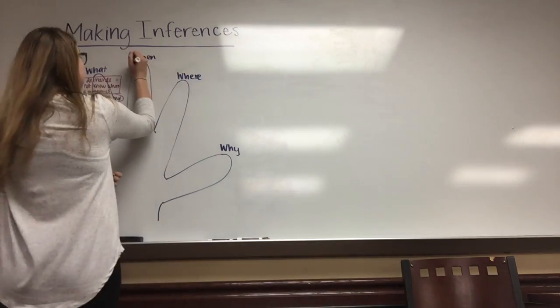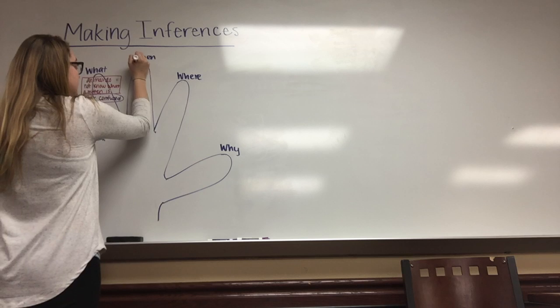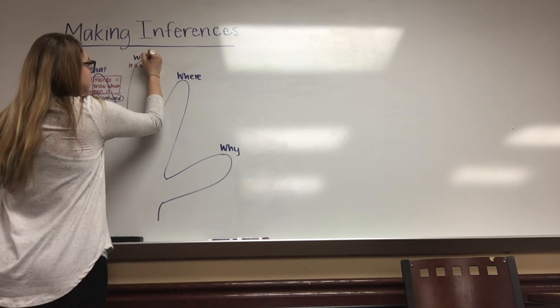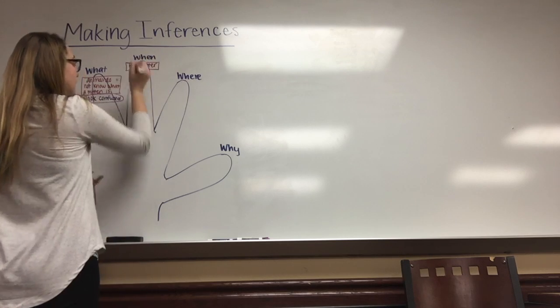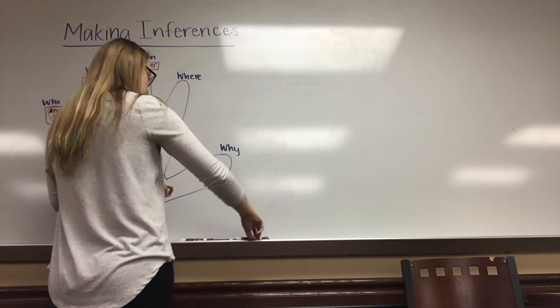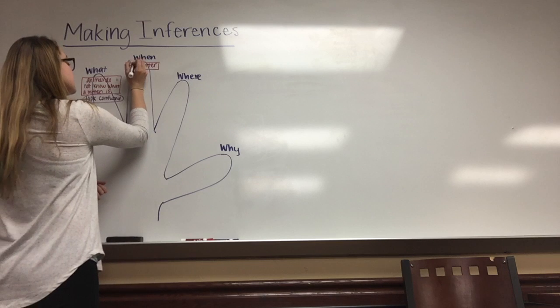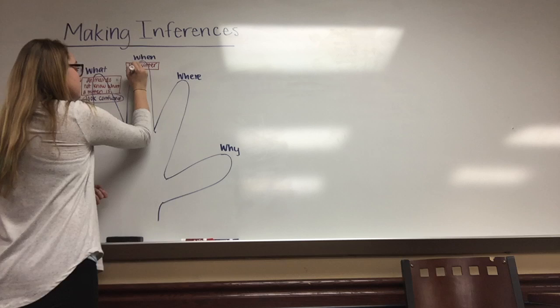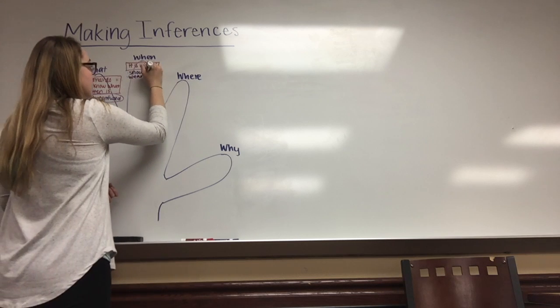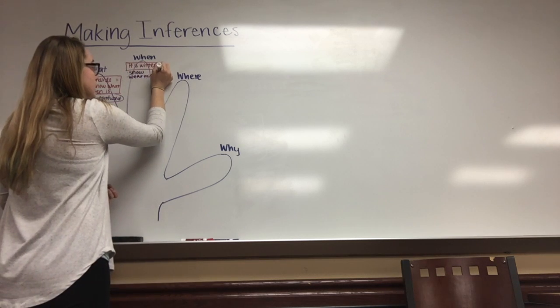So we're going to write our inference that it is winter. Box our inference, and then we are going to write our evidence that there is snow and we wear mittens in the cold.